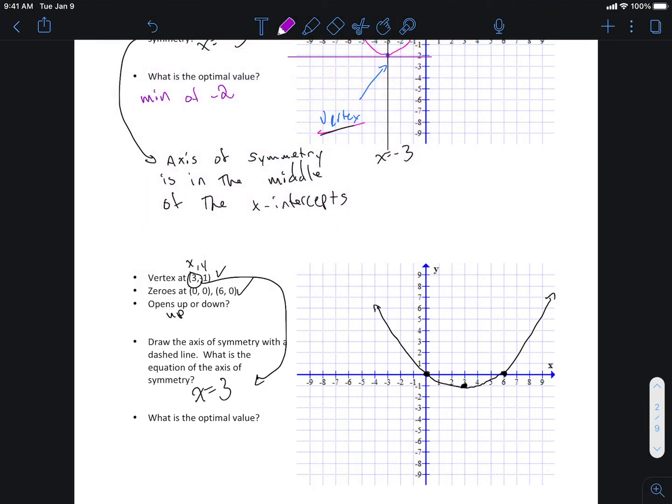I know it's x equals 3, because every point along here has a value of x equals 3. So you can write that on there. And then you've got to figure out what the optimal value is. Well, it's opening up, we decided, so again, it must have a minimum. It has a minimum of -1.